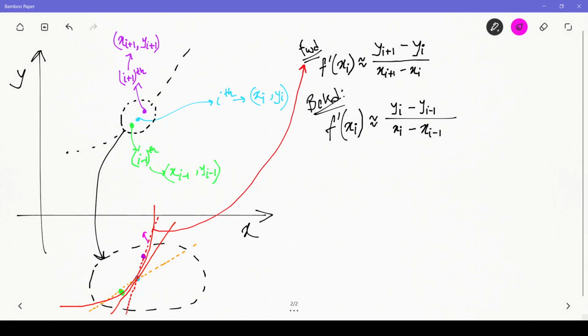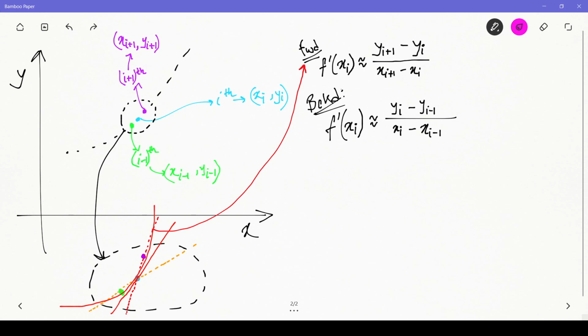The dotted line that we got for the forward difference case, and the orange line that we're getting for the backward difference case. These two are our dotted lines, and we can say that the straight line which has a slope equal to our actual derivative lies somewhere in between, right? It's not as high as our forward difference is telling us, and it's not as low as the approximation that backward difference is giving us, right?